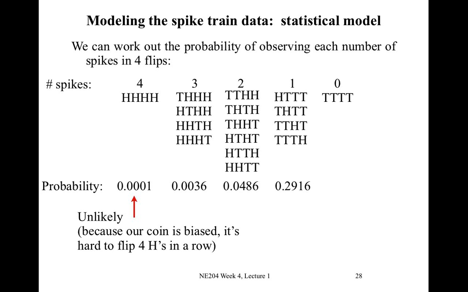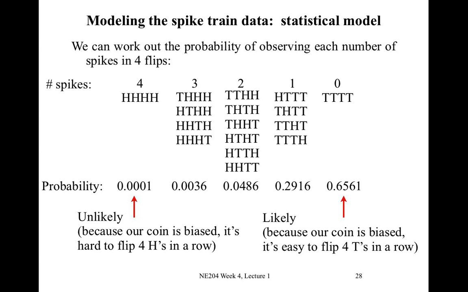What about the probability of observing no H's at all? That means we flip our coin 4 times and we observe T each time. We don't get any H's in this case. This has a very high probability. So it's very likely we'll flip our coin 4 times and not observe an H. And that's again because our coin is biased. When we flip our coin, there's a 90% chance we're going to get a T. So if we flip our coin 4 times, it's very likely we're going to see T each time.